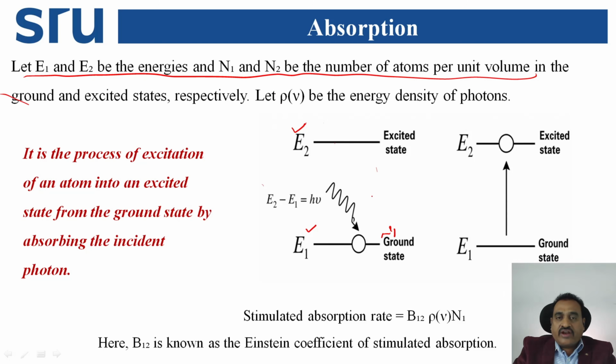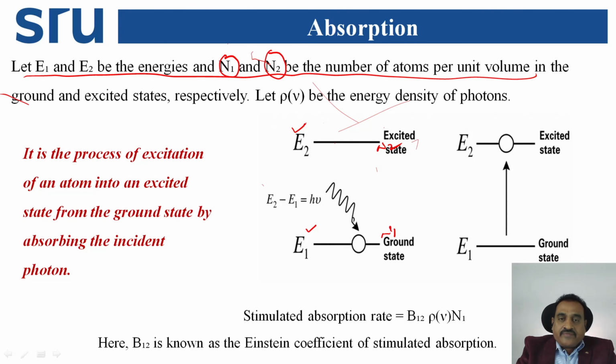N1 is the number of atoms per unit volume in the ground state E1, and N2 is the number of atoms per unit volume in the excited state E2, respectively.